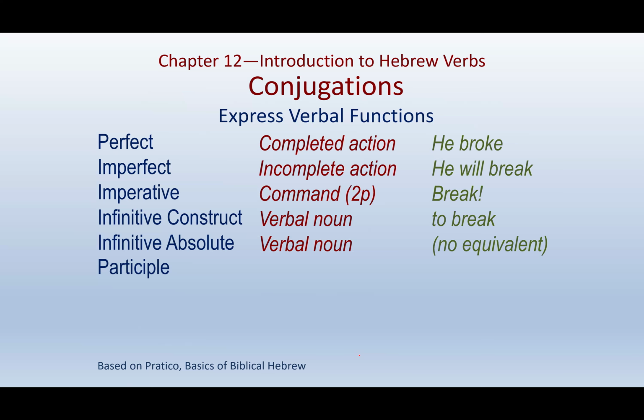That doesn't mean it's going to be hard to understand. In fact, we'll talk about that again on the next slide. Let's go on to participle, which we also have in English. It's a verbal adjective, and so "breaking" would be the way that functions. So those are the six conjugations. They express completed action, incomplete action, a command, a verbal noun, or a participle, a verbal adjective.